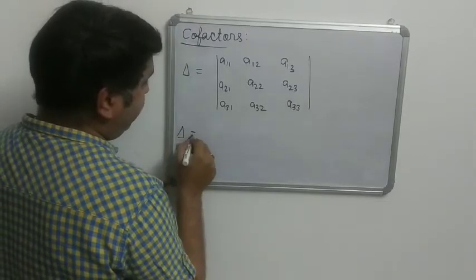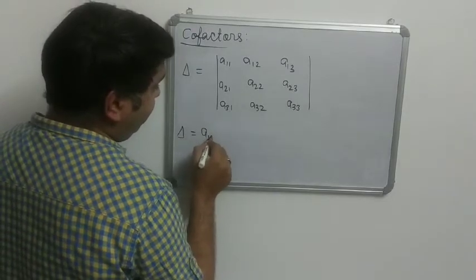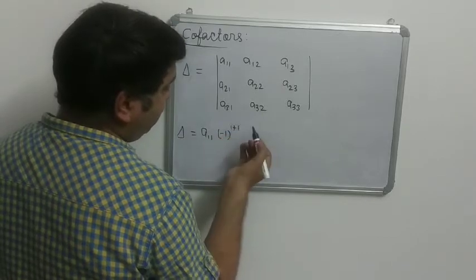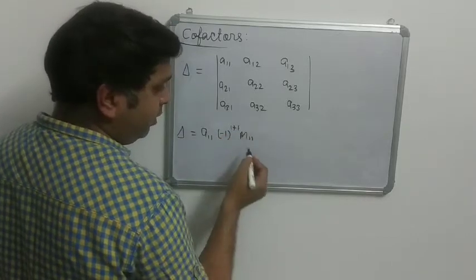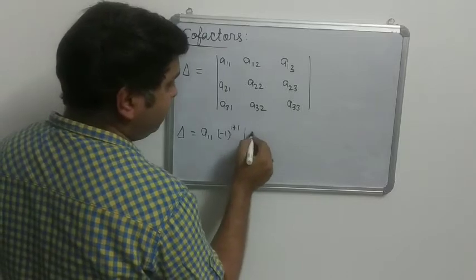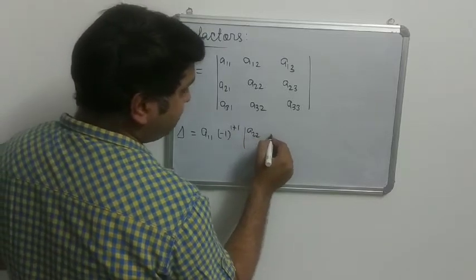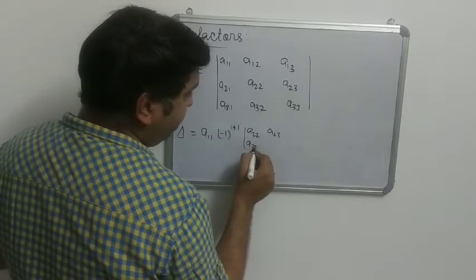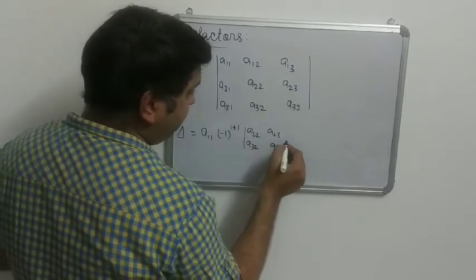So the value of the determinant will be A11 into minus 1 to the power 1 plus 1, M11, where M11 is A22, A23, A32, A33.